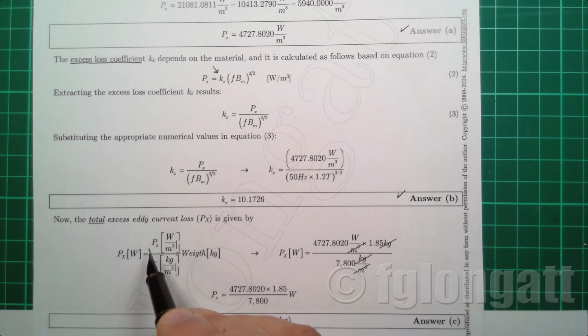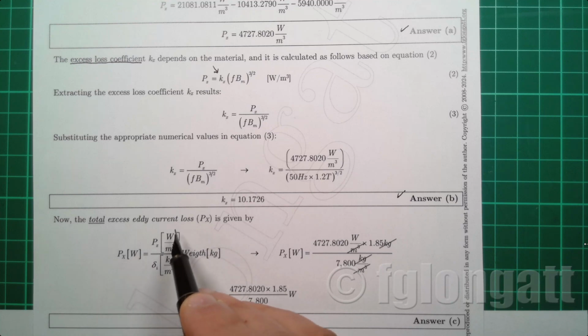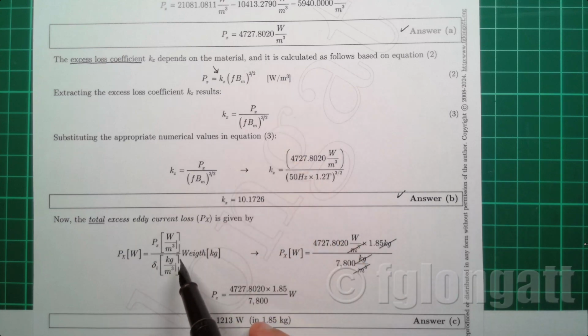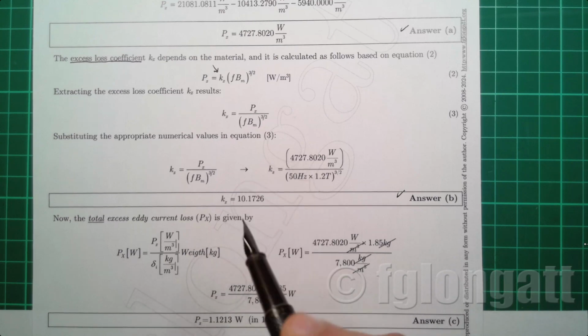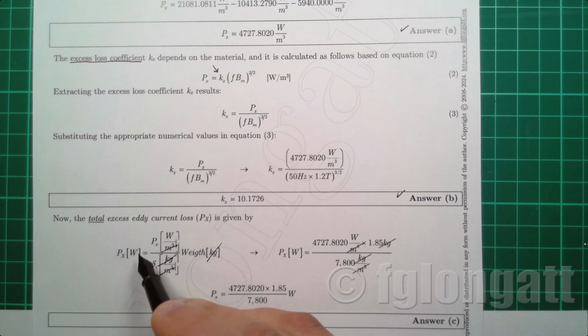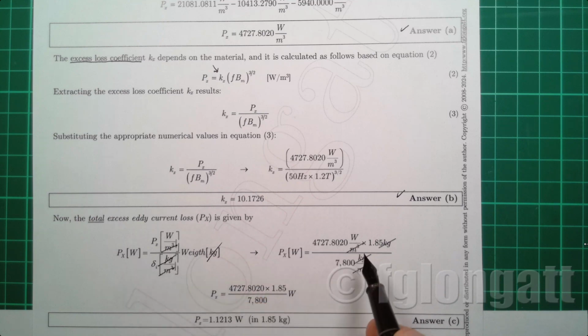We use Px in watts per cubic meter, divide by the density, which is given in kilograms per cubic meter, and multiply by the total weight of the sample in kilograms. Kilograms cancel with kilograms, cubic meters cancel with cubic meters, and the answer will be Px in watts.